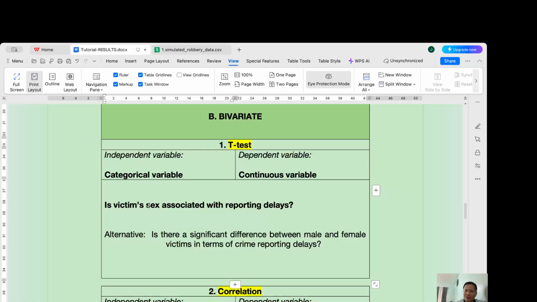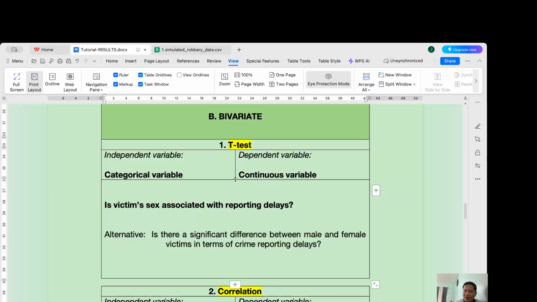For example, the research question is: is victim's sex associated with reporting delays? The dependent variable is reporting delays, and the independent variable is victim's sex. The independent variable, victim's sex, we can view as the cause, and reporting delays of robbery as the effect.